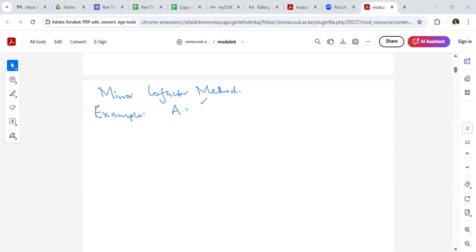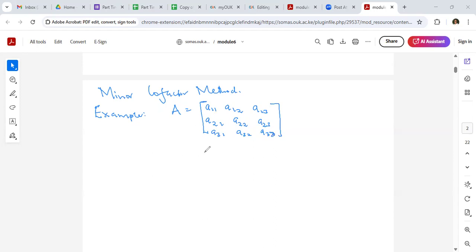So the matrix A has entries A11, A12, A13, A21, A22, A23, A31, A32, A33.